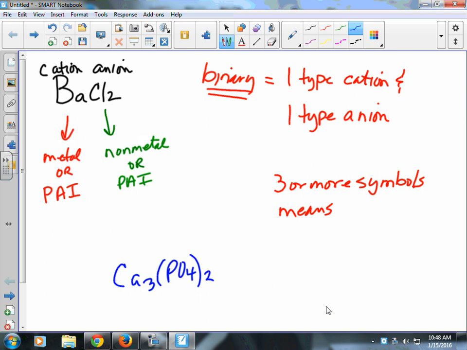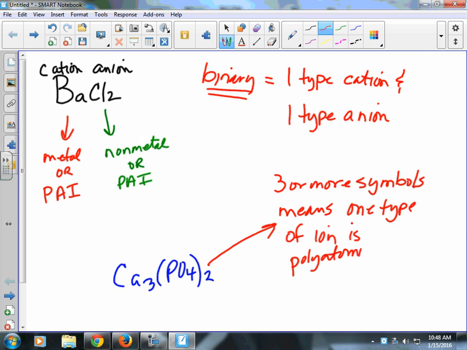That should tip you off that there's a polyatomic ion. We'll get to that in just a second.